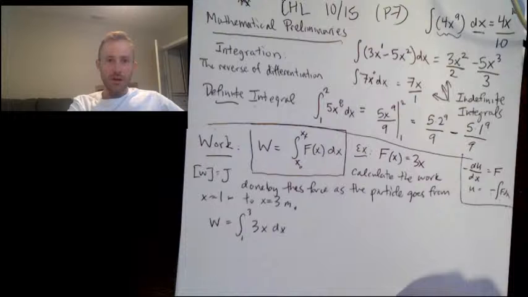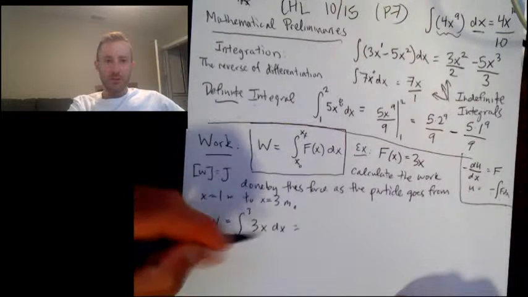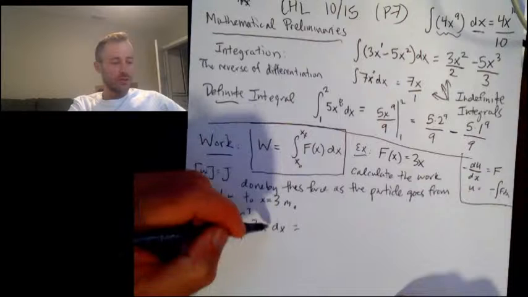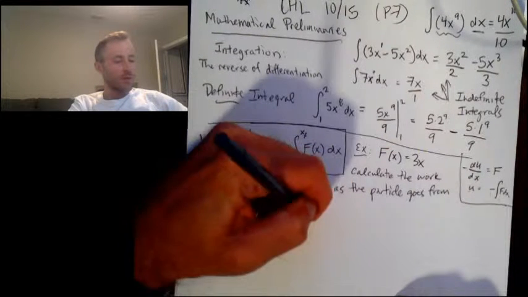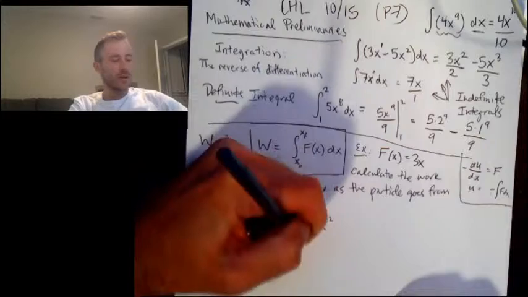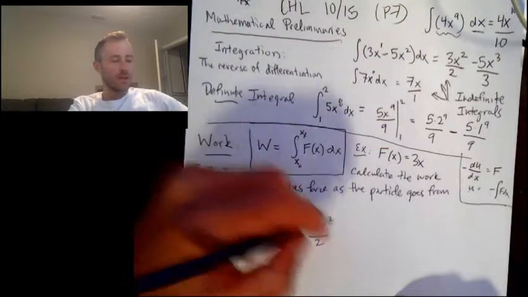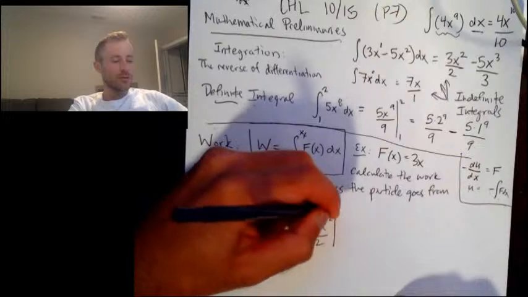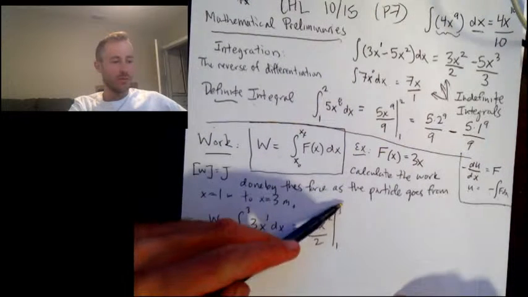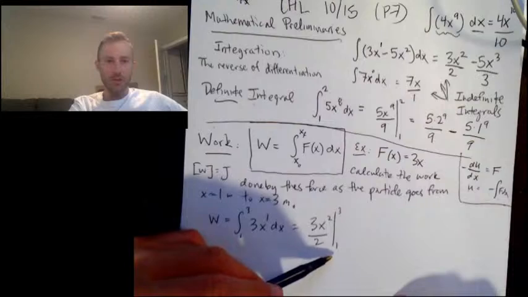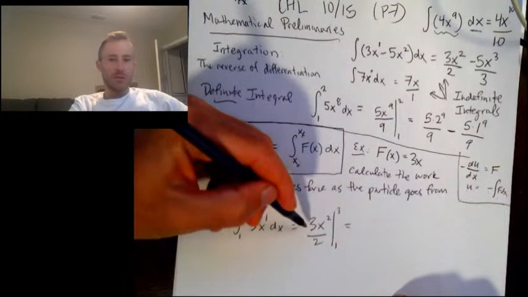So how do we do this? Well, we do the integral just like we would normally. So this is actually x to the 1 power. So we bump up the power, 3x squared. Then we divide by the bumped up power, divide by 2. And this is a definite integral, so I'm going to put my line here to remind me to plug in 3, plug in 1, subtract them, okay? So now I plug in 3 into this function.